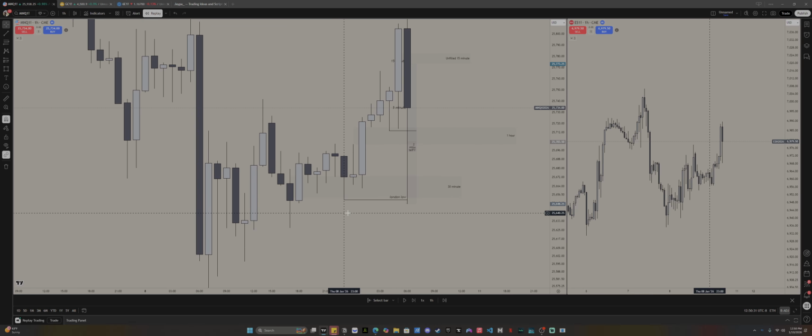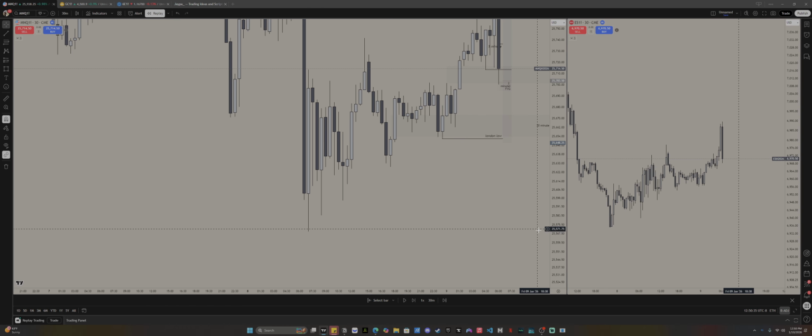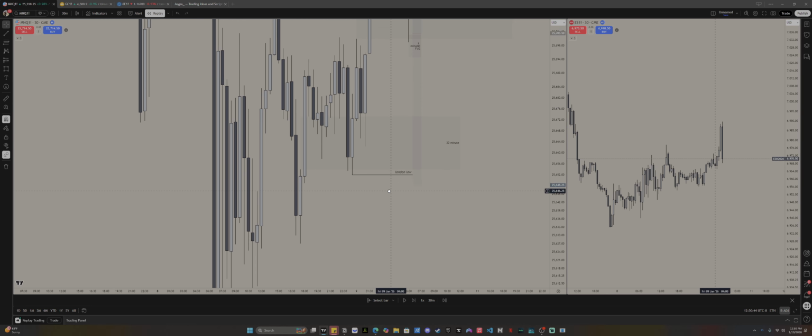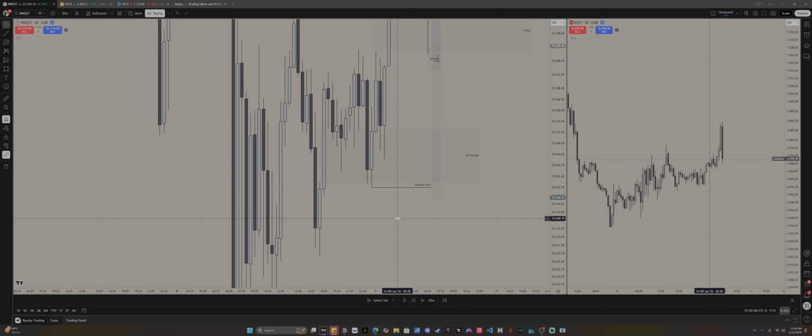And then we also have a London low down here sitting inside of this 30-minute gap. So we have this 30-minute bearish fair value gap with this intermediate low here, which is London low. Here is another potential spot where I could see price react from.